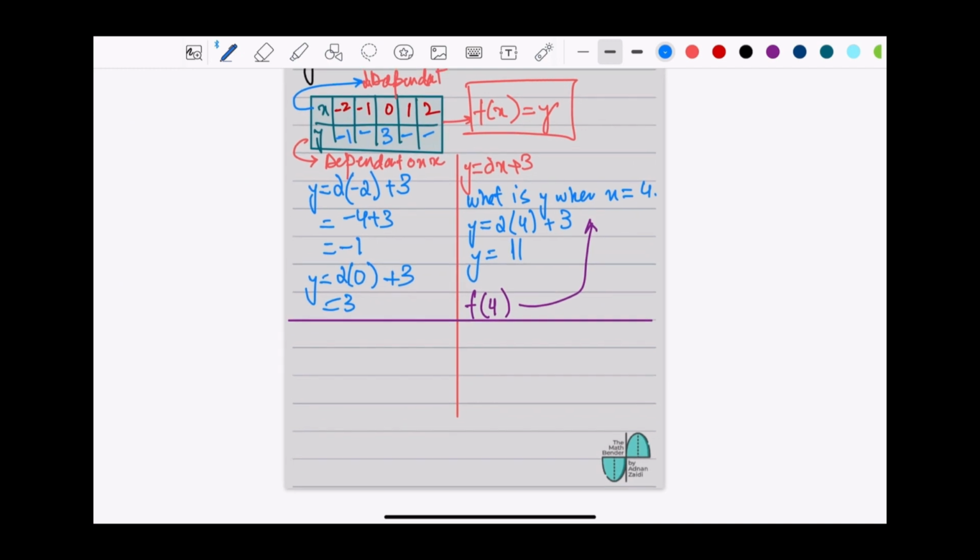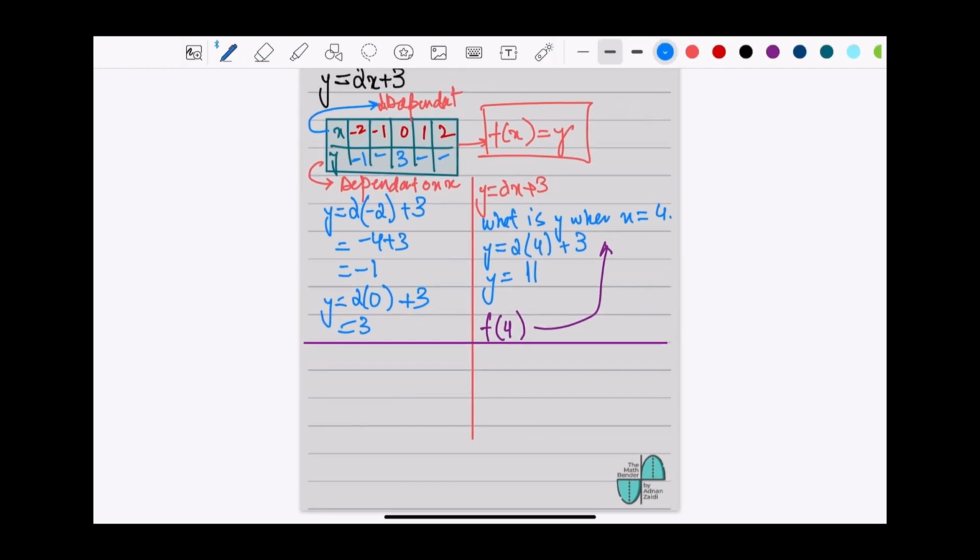Secondly, if I also say what is x when y equals 7. So in the same equation I plug in 7 equals 2 times x plus 3, and 7 minus 3 equals 2x, and x equals 4 over 2, which gives you 2.